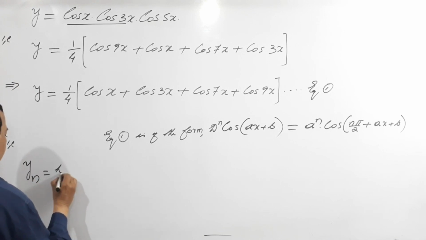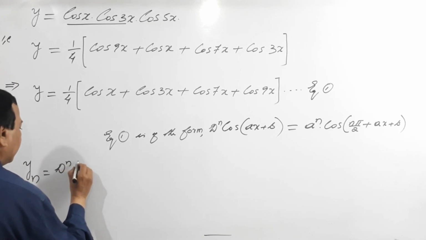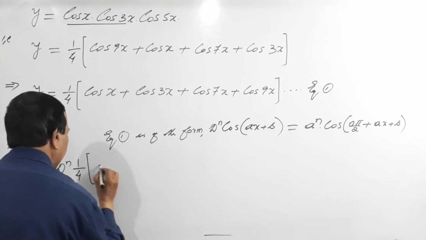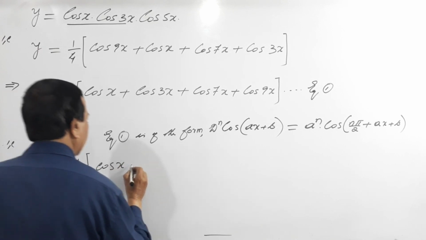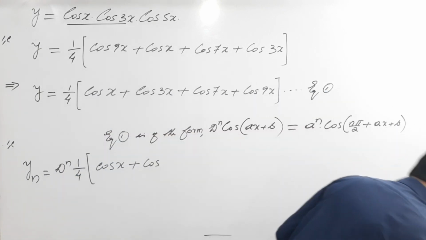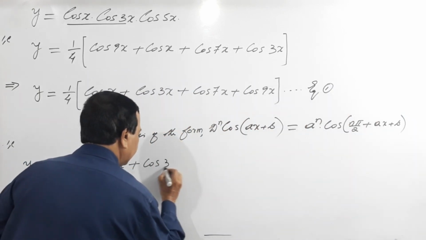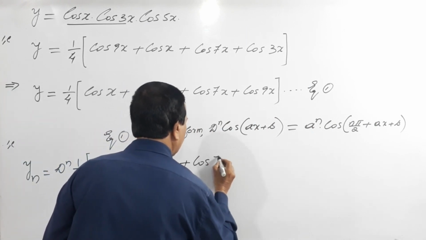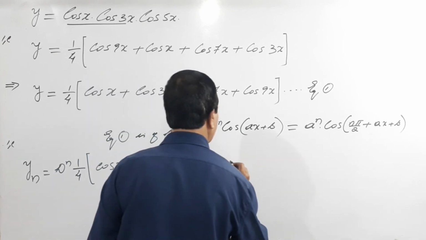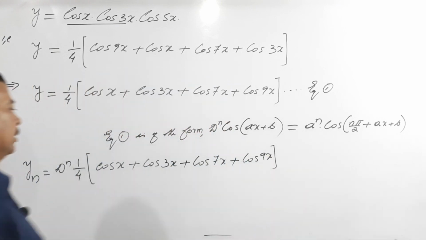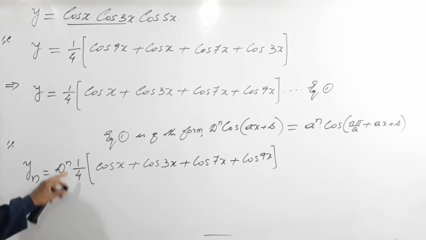yn equals dn of 1 by 4 times cos x plus cos 3x plus cos 7x plus cos 9x, right? So it means we are going to differentiate this for the nth time.